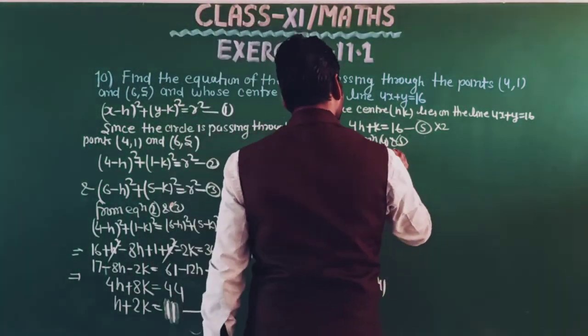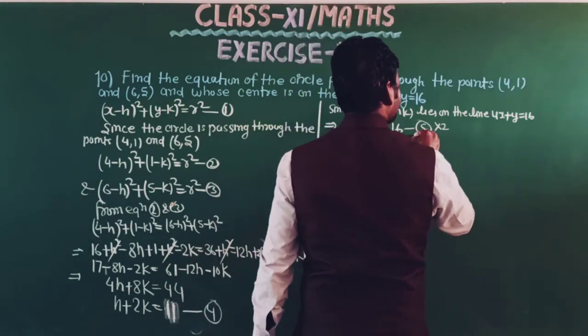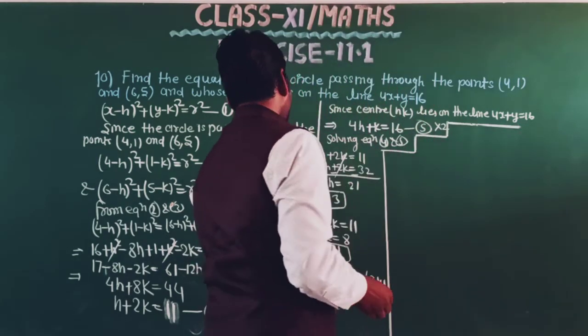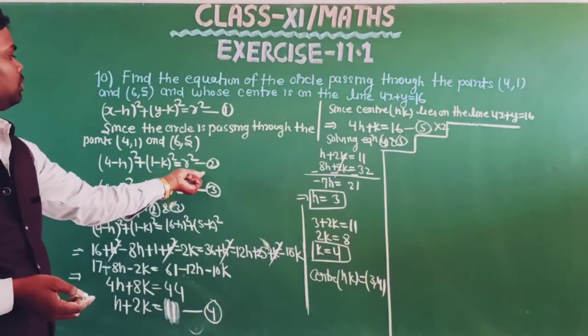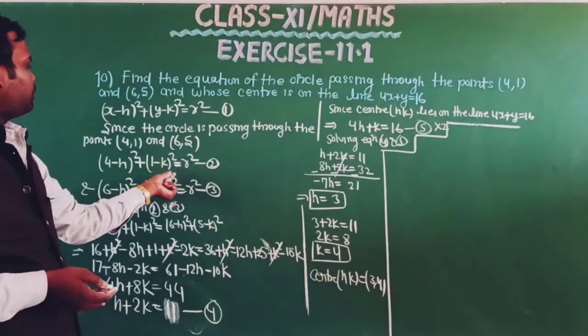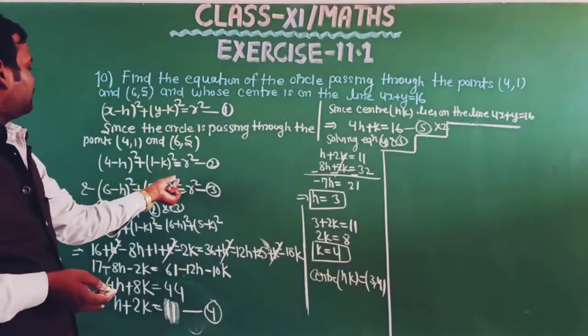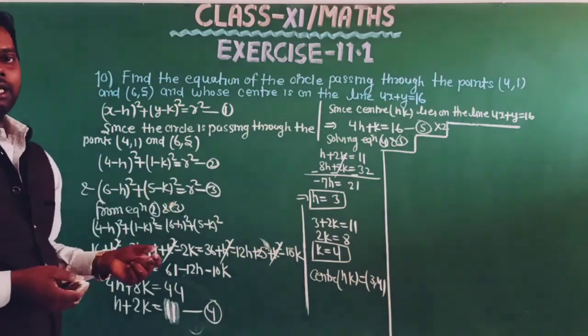Now substituting the values of h and k in equation 2 or 3, we have to find the radius.